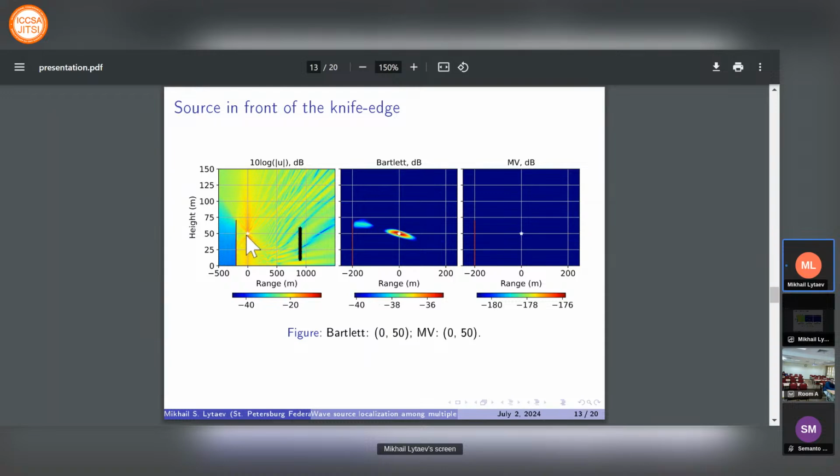And we can see that on the array there is not only the transmitted field but also the reflected field from the knife edge. So there is less ambiguity in the Bartlett method.